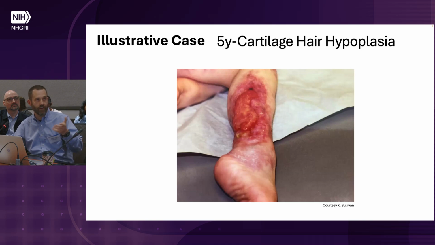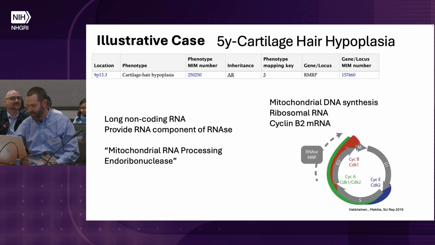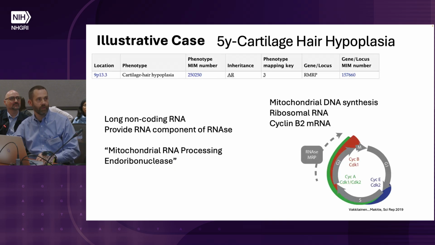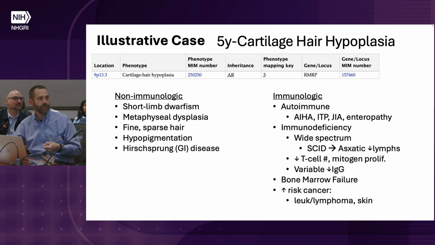So this is a 5-year-old with cartilage hair hypoplasia, which thank you, Dr. Puck, for introducing the importance of that gene as a potential inborn error of immunity. And the child had that rash for quite a while, which was obviously very disturbing. And so has this defect in what is actually a long non-coding RNA that's important for this RNase, but doesn't really tell us a whole lot about how you get the phenotype.